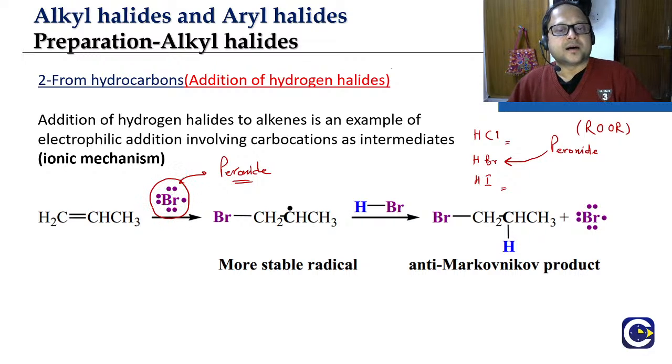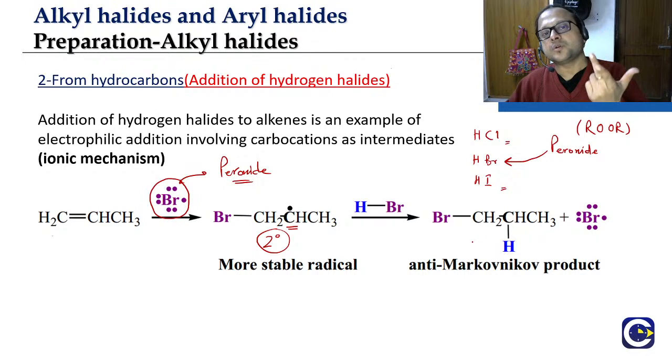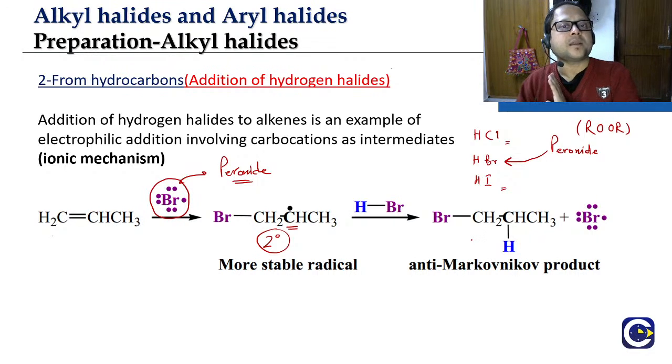It attacks the alkene, forming a more stable free radical. See, a secondary free radical is formed here. This attacks your HBr molecule again and ultimately gives you a product which is anti-Markovnikov in nature. So 1-bromo is obtained. In case of Markovnikov, we had got 2-bromo. Here we have got the 1-bromo product.